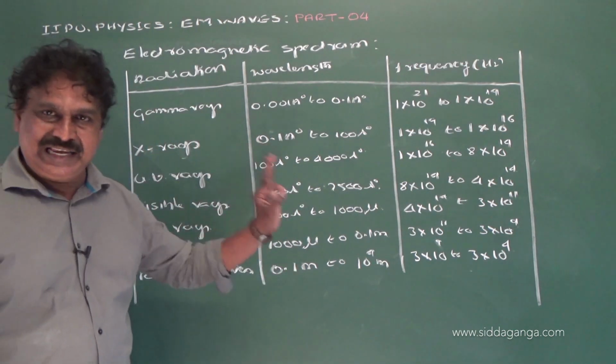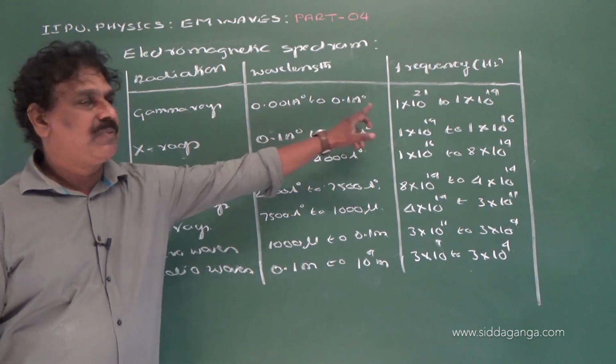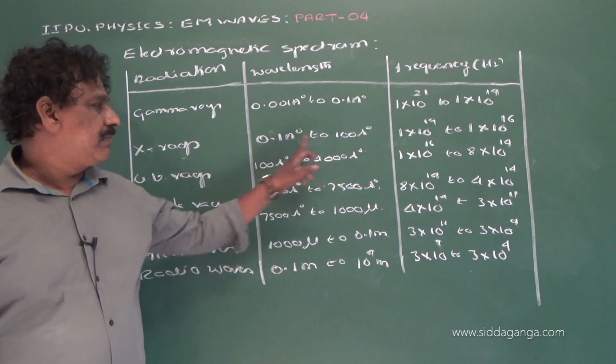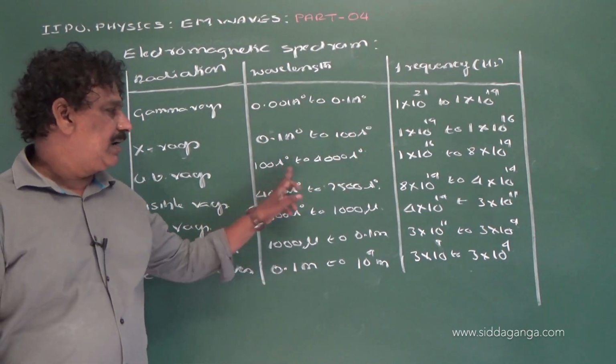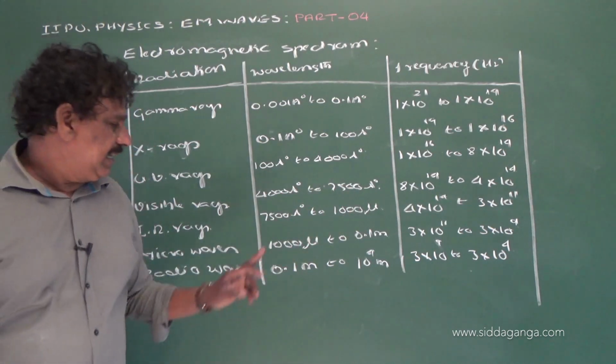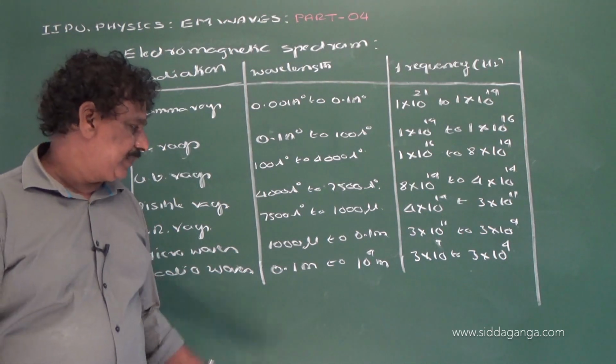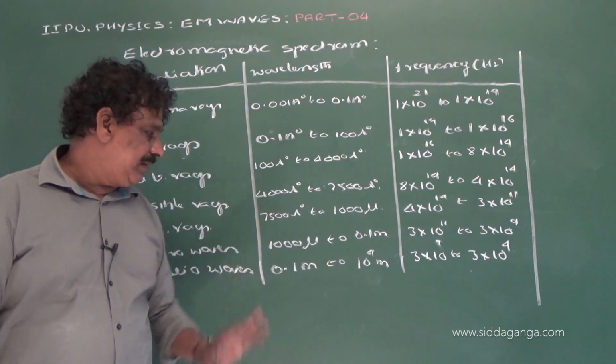It is quite easier compared to frequency. It is 0.001 angstrom unit to 0.1, 0.1 to 100, 100 to 4000, 4000 to 7500, 7500 angstrom unit to 1000 micron, 1000 micron to 0.1 meter.